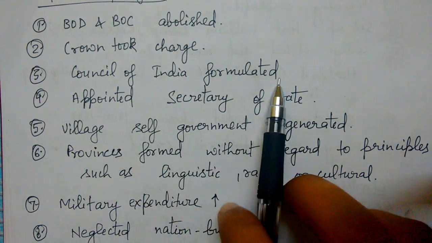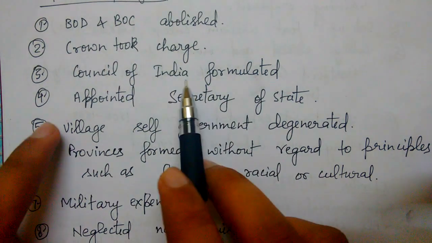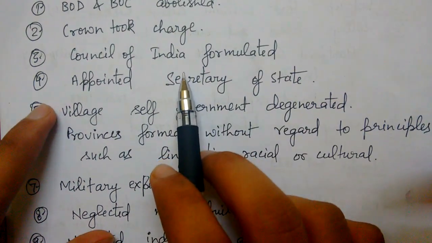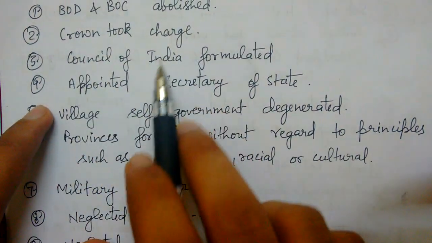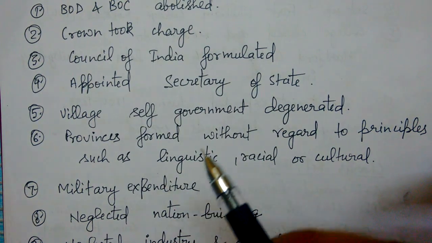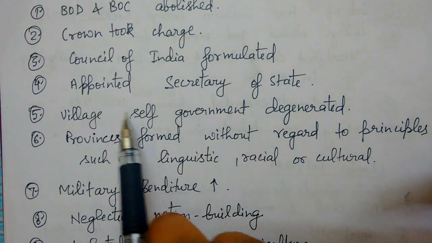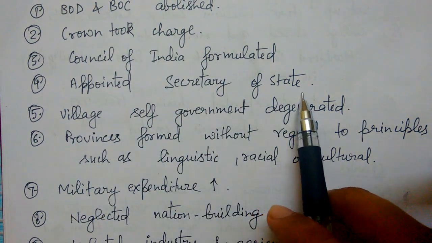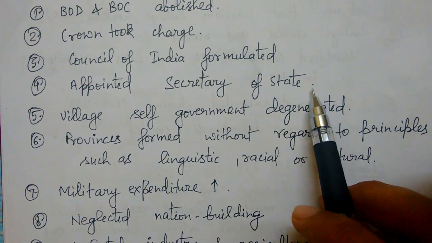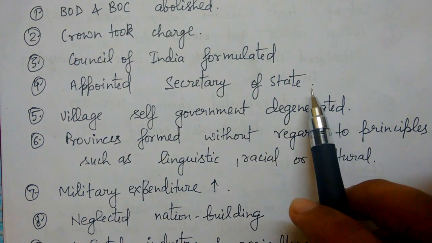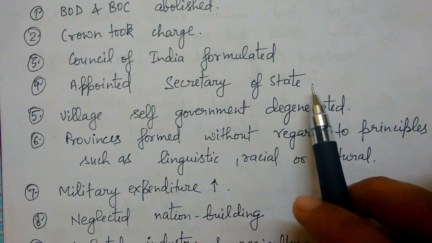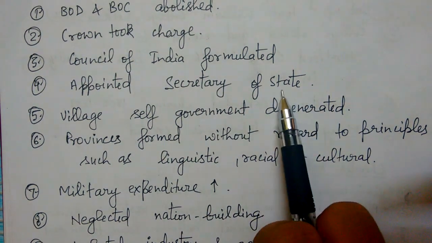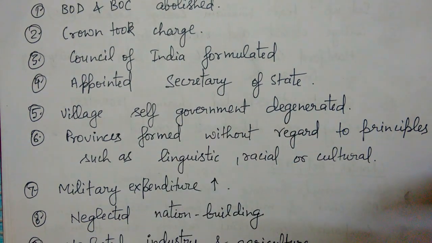And then the Council of India was formulated. This formulation of the Council of India is very important, because it was made totally responsible for Indian affairs, and the appointment of Secretary of State was done. The Secretary of State was a member of the British cabinet, and he was responsible for Indian affairs to the British Parliament, and he was the main head of this Council of India.